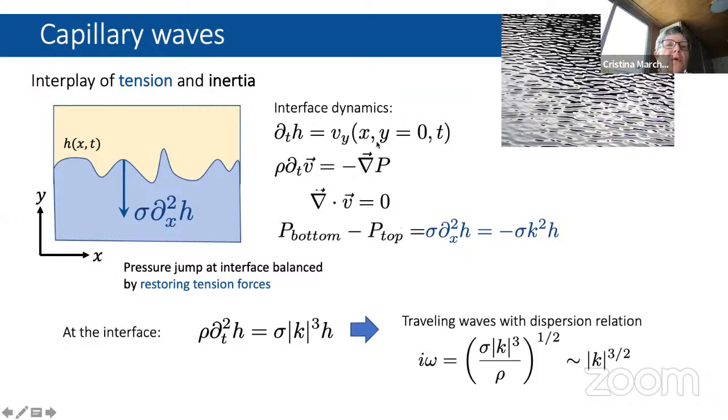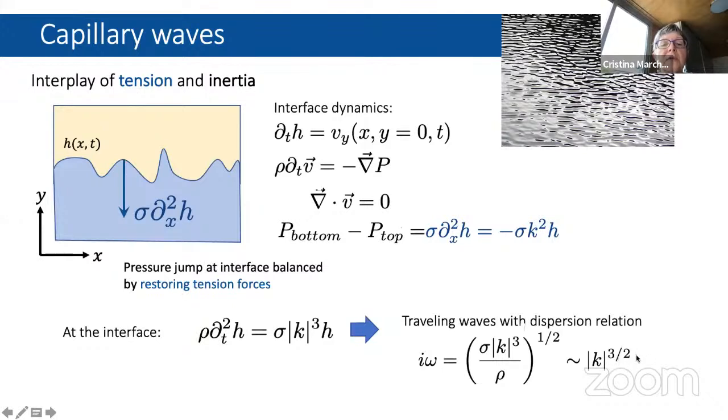When you combine these two equations, you can write a single equation for the interface that contains a second order time derivative, and so becomes a wave equation.